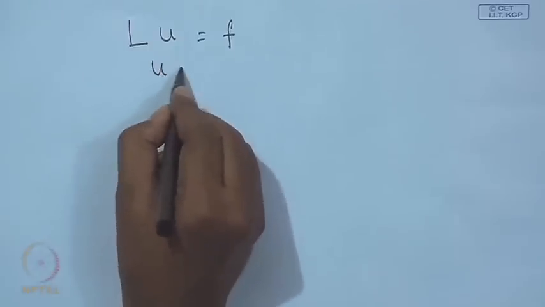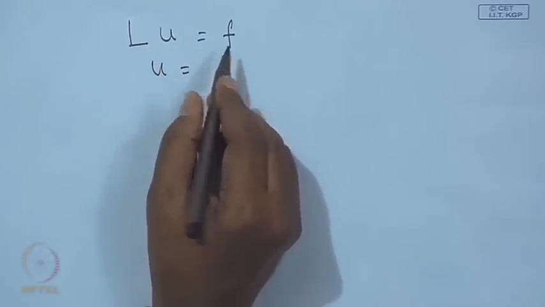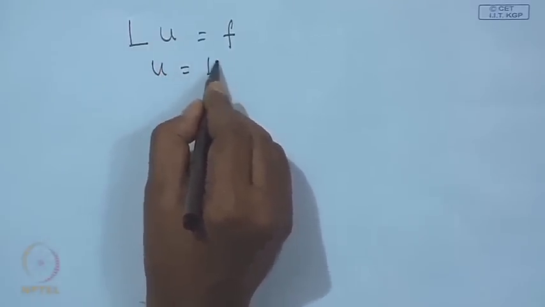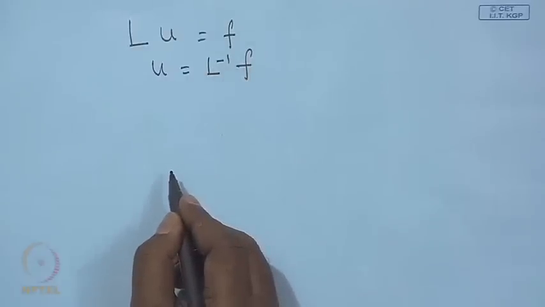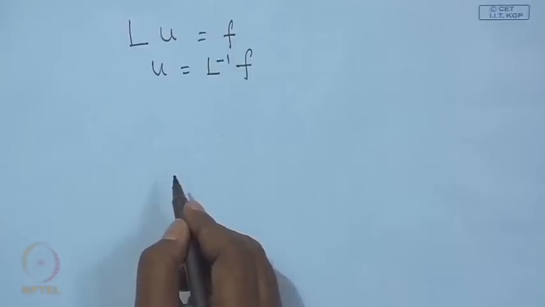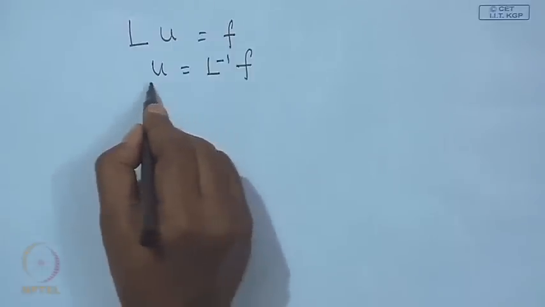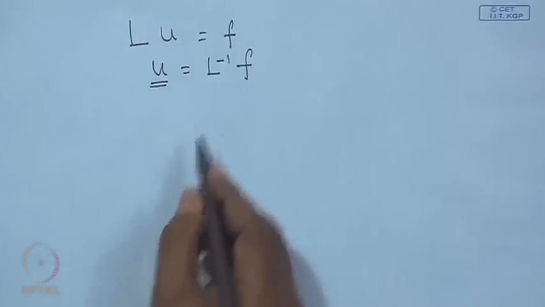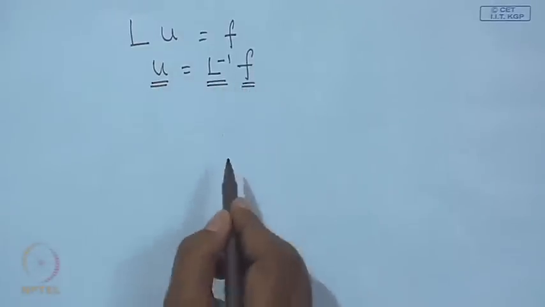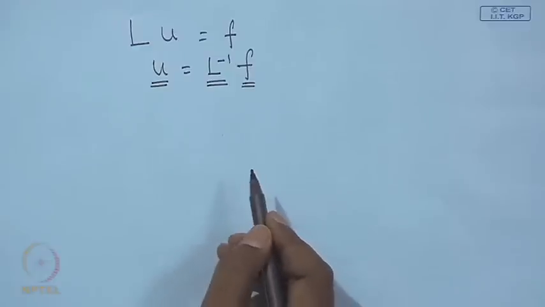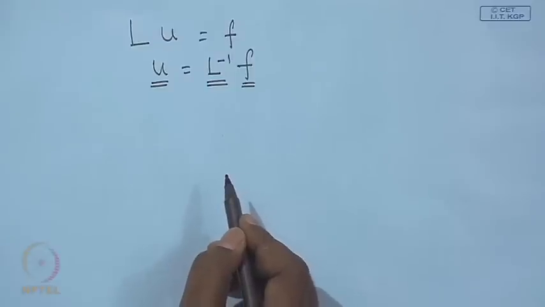The solution will be obtained exactly like the matrix operator, u = L inverse f. The inverse operator is sometimes made identical to the adjoint operator. So, in order to find the solution u, we need to find the adjoint operator, and f is of course known because it is system specific.